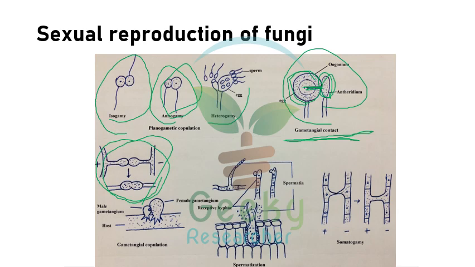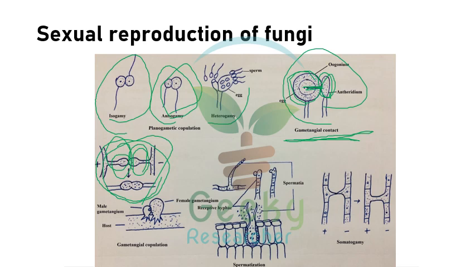The whole ideology behind this is very simple: fusion of the entire content of two gametangia, where gametes are coming in close with each other, and fusion takes place in different ways. Two gametes come in contact and the genetic material is exchanged; the methods of exchange may be hologamy, direct fusion or anisogamy.